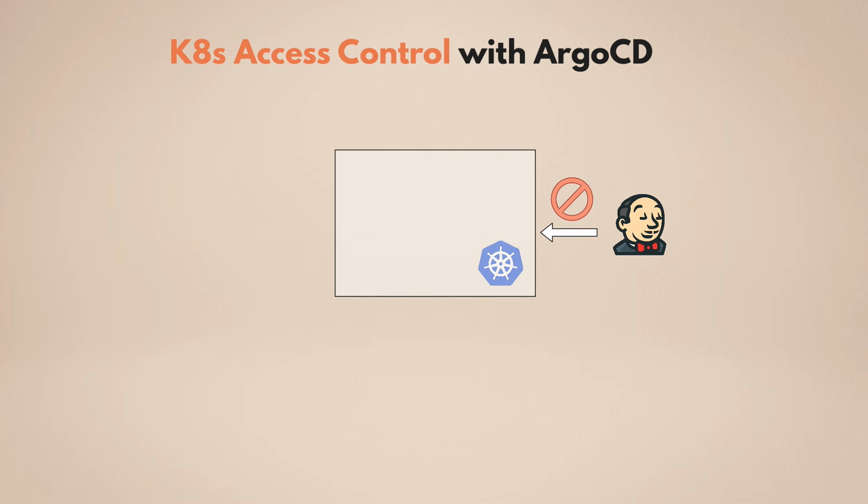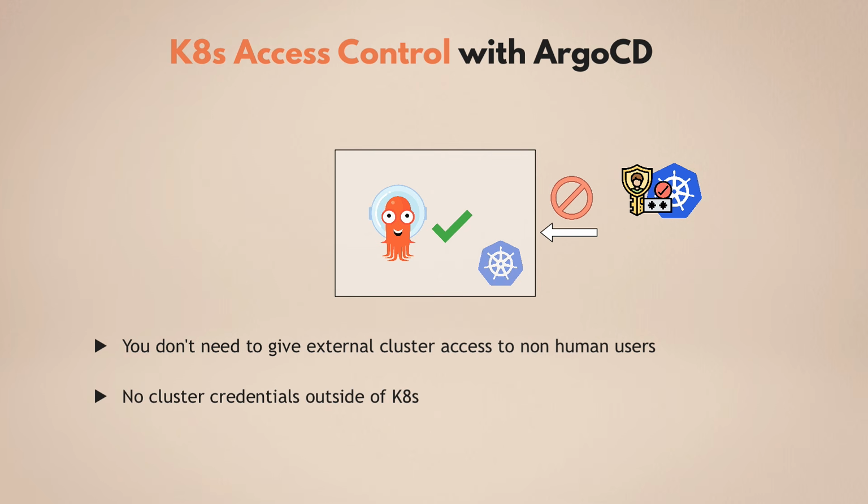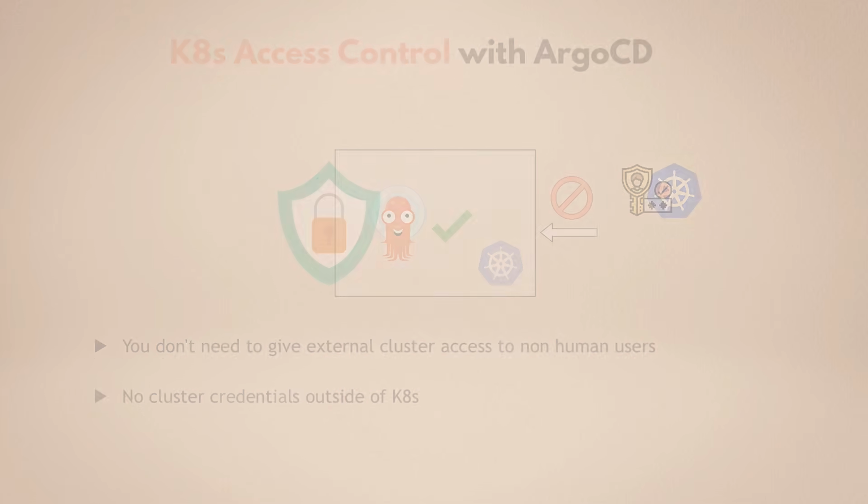So in this case, you don't need to give external cluster access to Jenkins or other external tools because ArgoCD is already running in the cluster and is the only one that actually applies those changes. So basically, cluster credentials don't have to be outside the cluster anymore because the agent runs inside the cluster. And this makes managing security in all your Kubernetes clusters way easier.